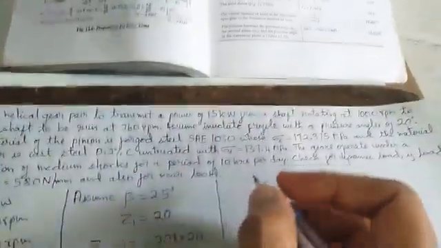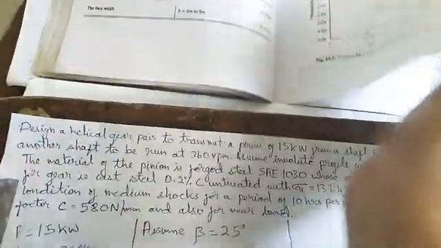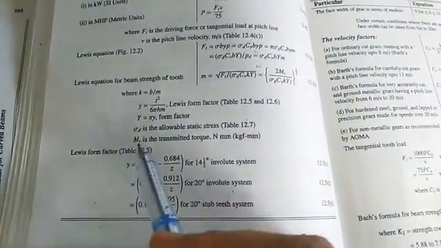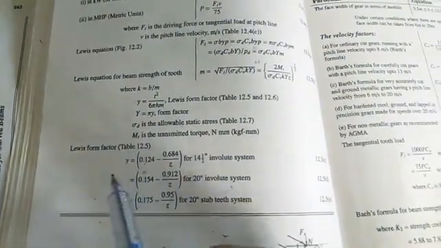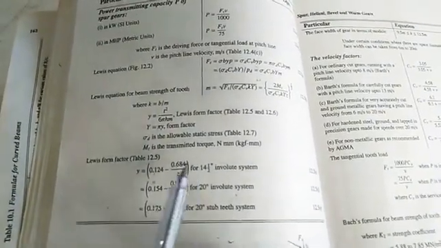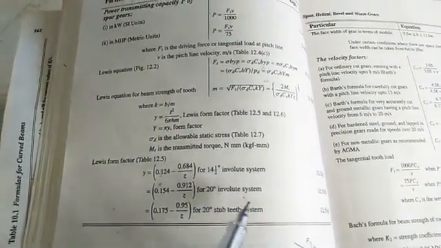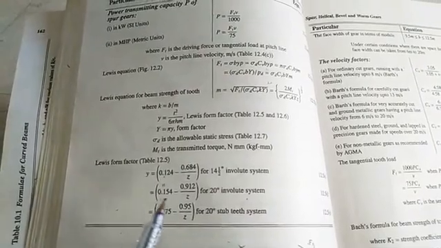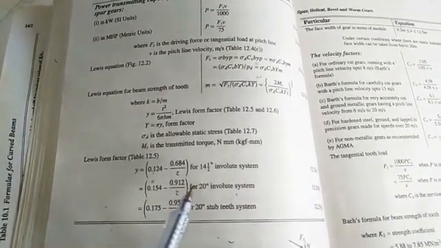Now we'll find the value of y. From page number 204, we shall consider the value of y. In the problem, the given is 20 degree full depth involute. So for 20 degree involute system, we'll take the value of y as 0.154 minus 0.912 by z.